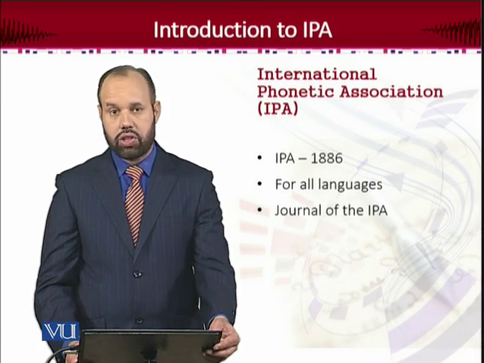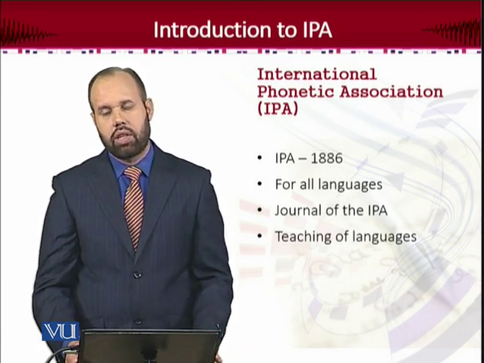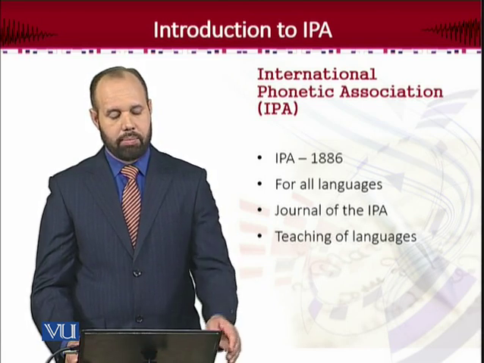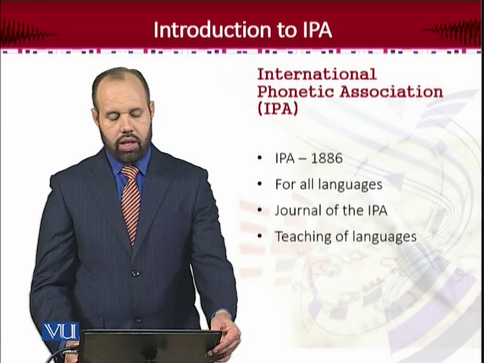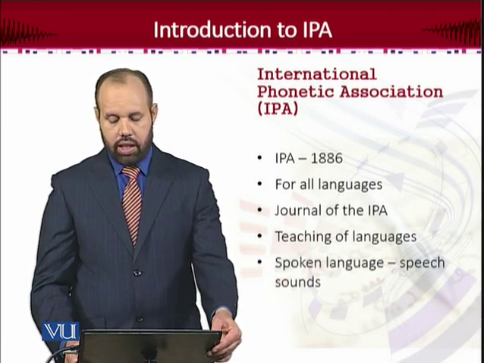A very prestigious journal. They are also creating resources for the teaching of languages, like the developed languages, and they are also creating resources for the maintenance of languages, by documenting their sounds, studying them, and then publishing them within the journal.